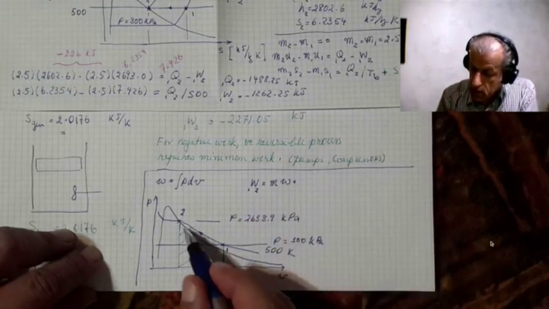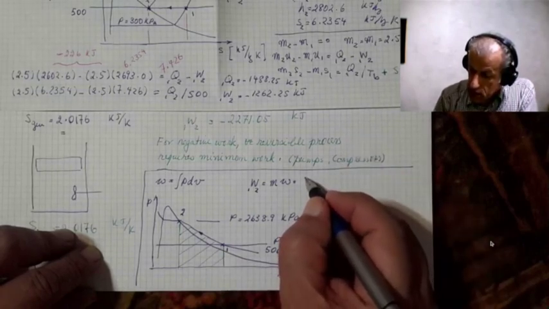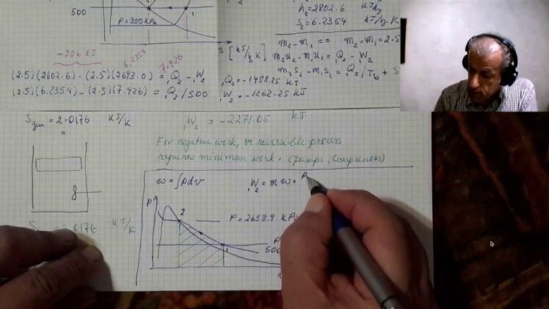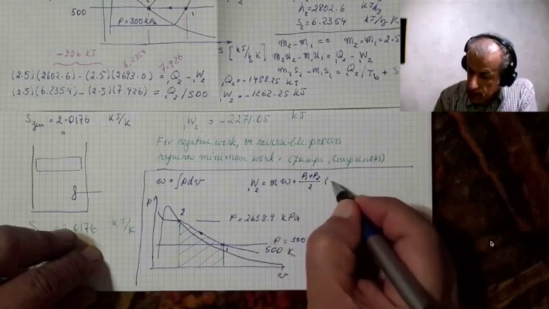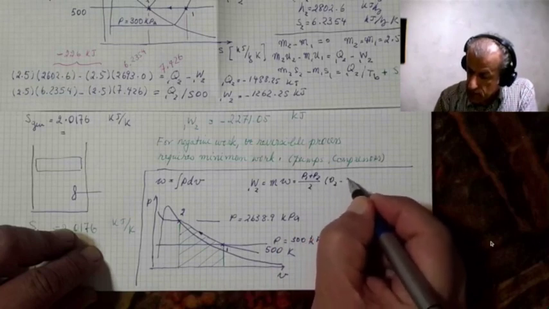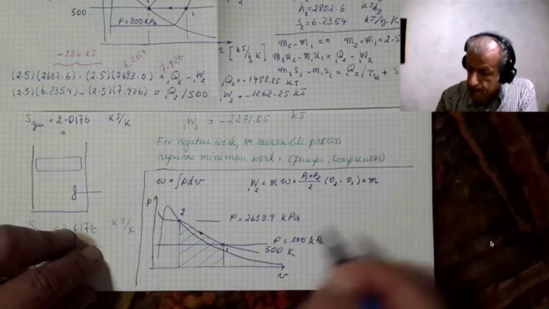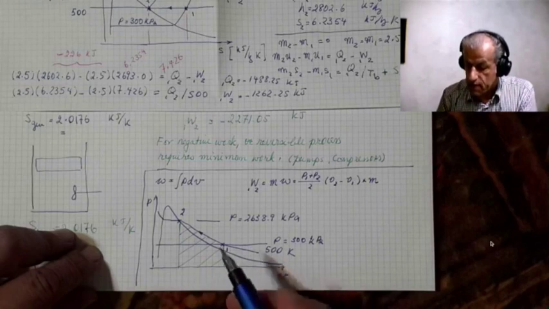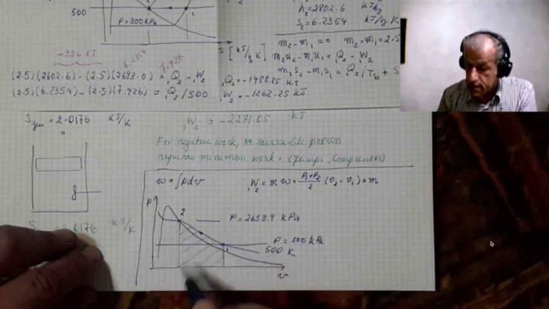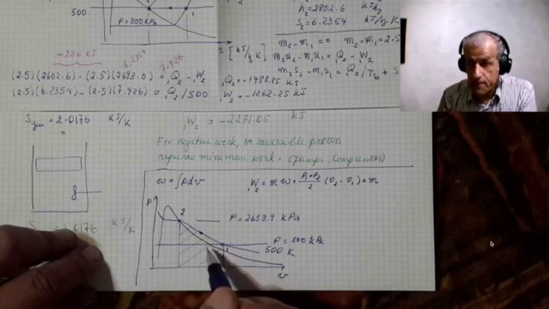And this would equal, if this was the straight line, we could write this would be P1 plus P2 divided by 2 times V2 minus V1 and times M. This should be the equation that would give us the area underneath, if and only if this line is a straight line.